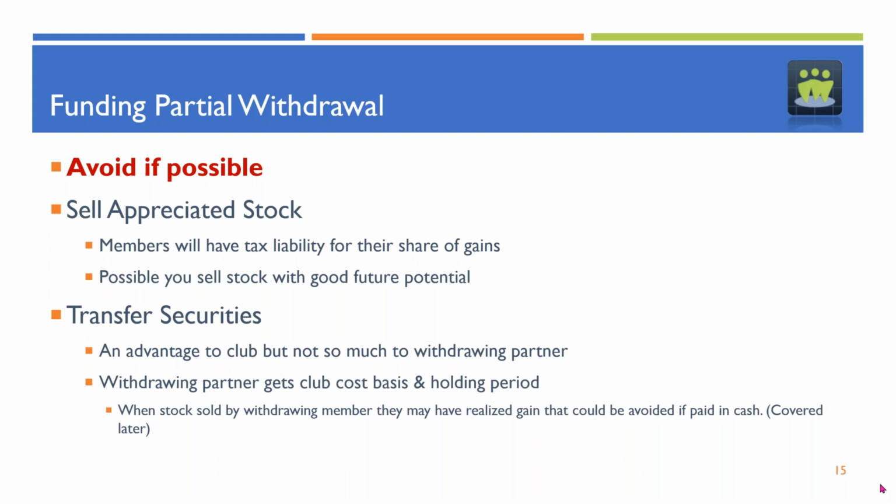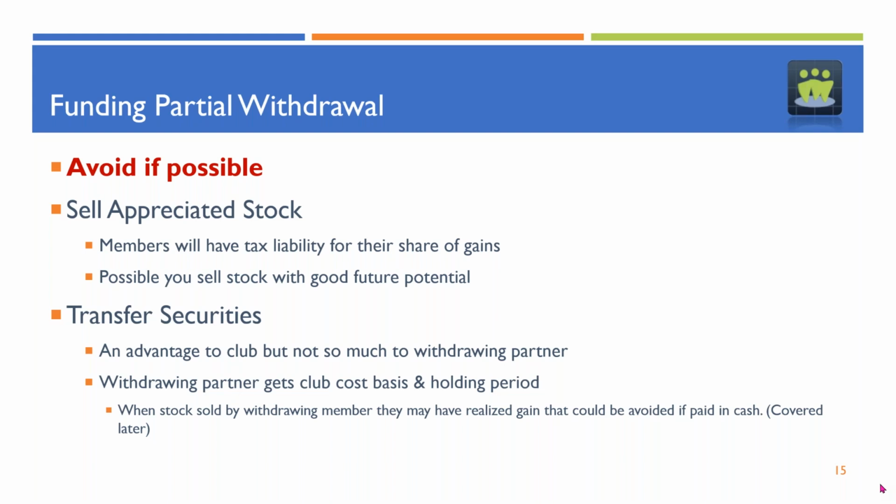Transferring securities for a partial withdrawal is not recommended because it doesn't have advantages to both the club and the withdrawing member. It's more of an advantage to the club. You get to benefit from the increased value of the shares. You get to pay them off at the market value and not at cost.